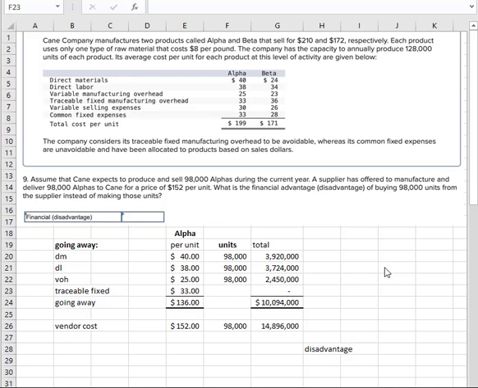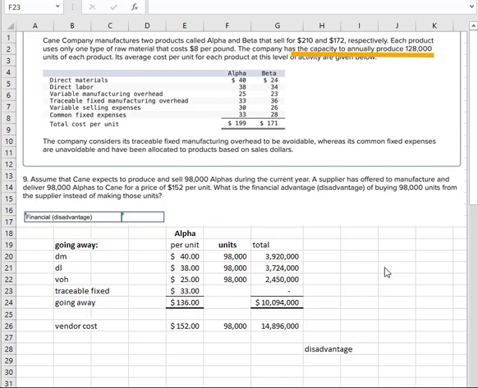There's a little twist here that I'm not sure is entirely obvious, and that is that the traceable fixed was calculated. Of course, fixed costs are lumps. They're not per unit. We can express it per unit, but the volume you use matters because it's actually a chunk. So to get it into per unit, you have to divide by some kind of volume.